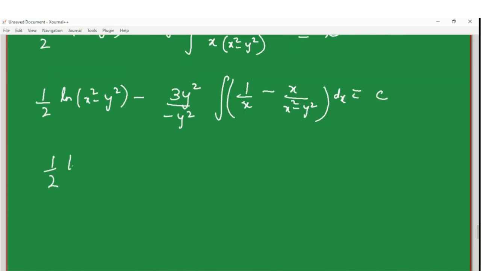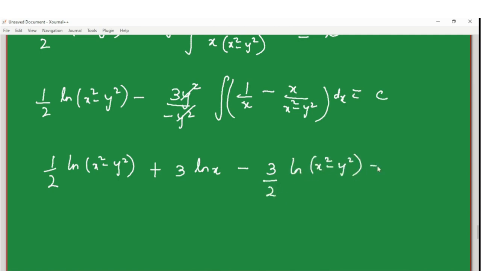So half of log of x square minus y square plus 3 log x, and then this minus with this is cancelling, minus minus plus, and there's a minus here, so that makes it minus 3. Again the same integration is appearing here, so 3 by 2 log of x square minus y square is equal to c is the answer.